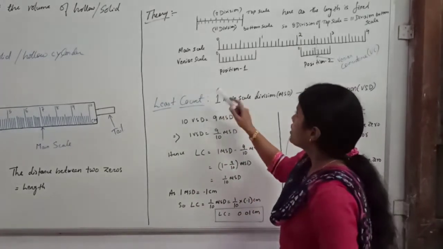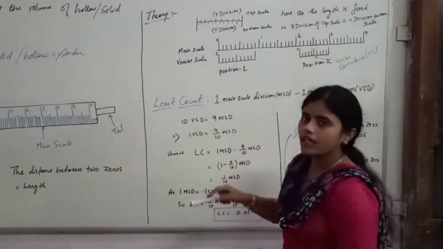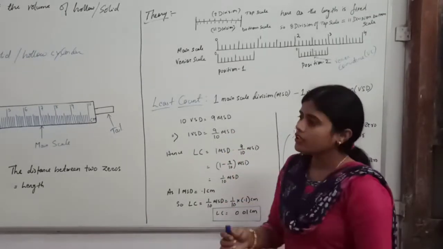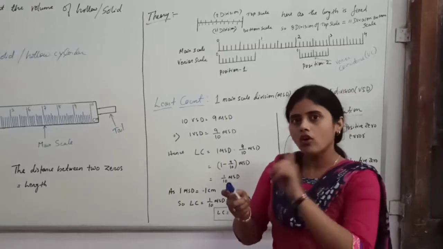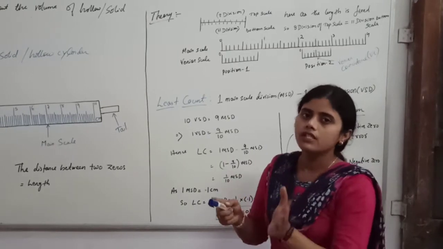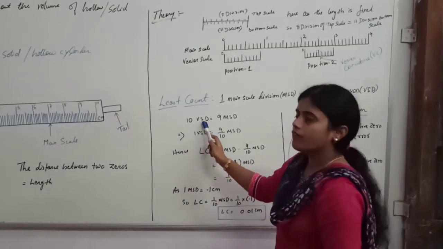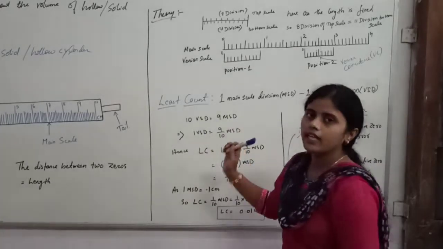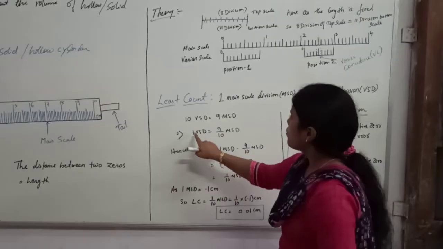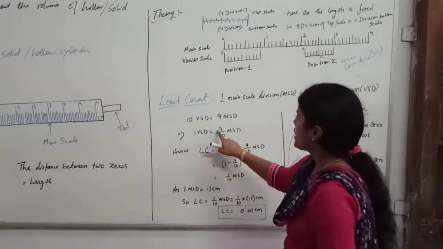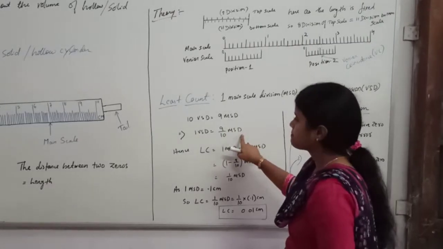So you see, I have not written anything new. Whenever you perform the experiment, you will calculate the divisions yourself. You will see that 10 divisions of vernier scale is equivalent to 9 divisions of main scale. So 1 VSD is equal to 9 by 10 MSD.